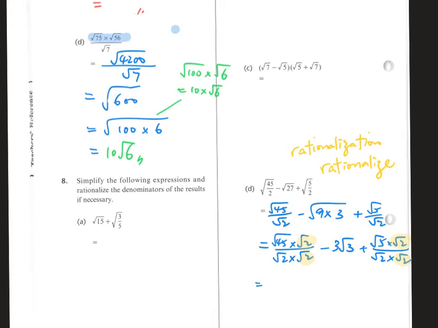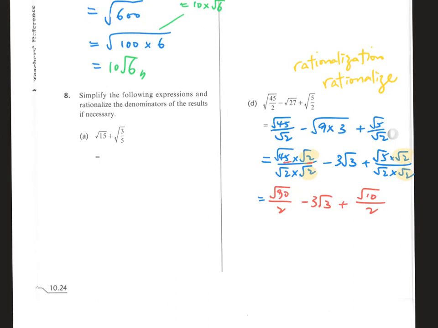Alright, let's go back to your question. Root 45 and root 2 combined together is root 90. Bottom is 2. 3 root 3, no difference. It's root 10. And root 2 times root 2 is 2 as well. Next, 90 is too big, and you pick a number to simplify it, which is root 9 times 10 over 2.